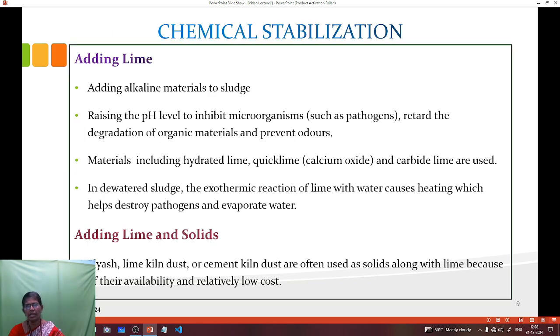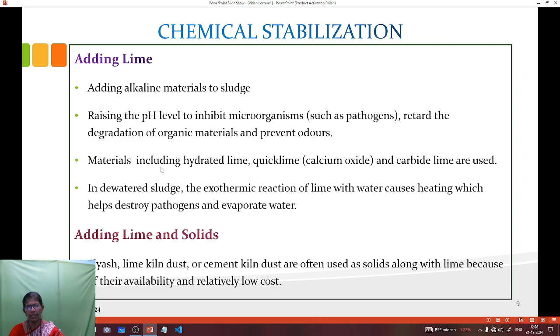The first method is chemical stabilization. Chemical stabilization is done by adding lime to the sludge. By adding lime, the pH level is altered, and that inhibits the microorganisms present in the sludge. This retards the decomposition action as well as reduces the odor.